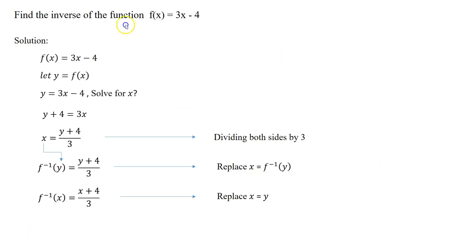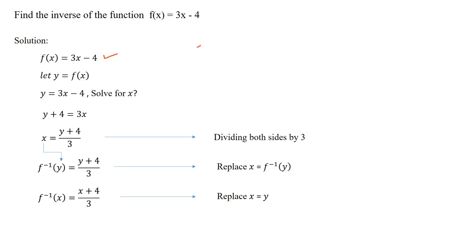Find the inverse of the function f(x) is equal to 3x minus 4. Now see the solution. This is the given function. First we have to set up the equation.